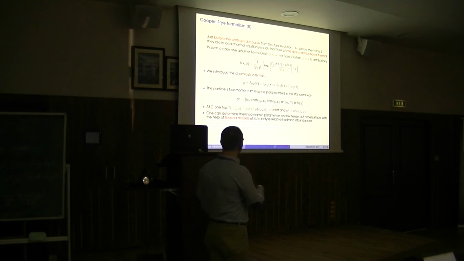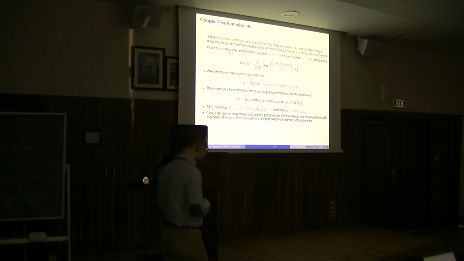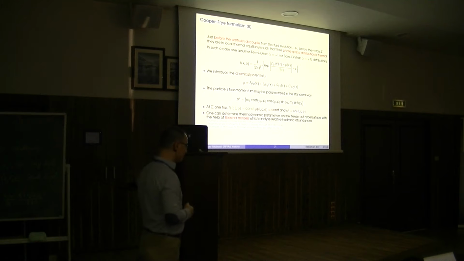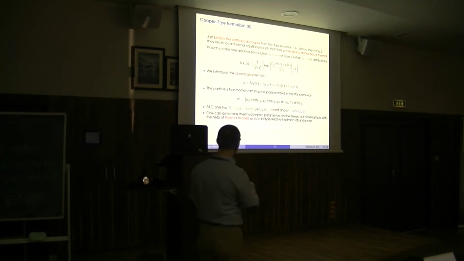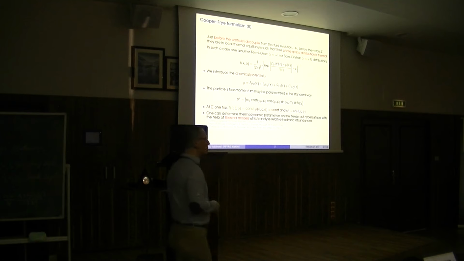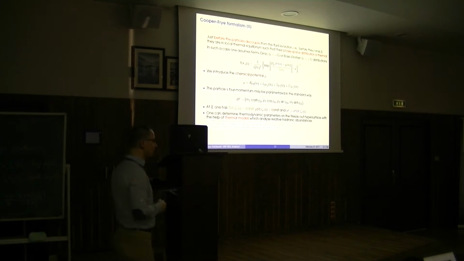Now the final comment, which somehow is not involved in the code itself, however, I think it's important to mention, is that this whole comparison with the experiments is done within the thermal models, which don't assume any evolution.